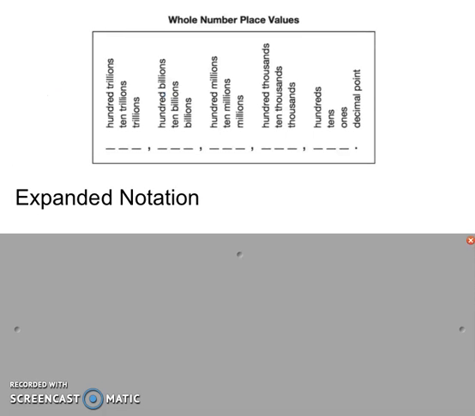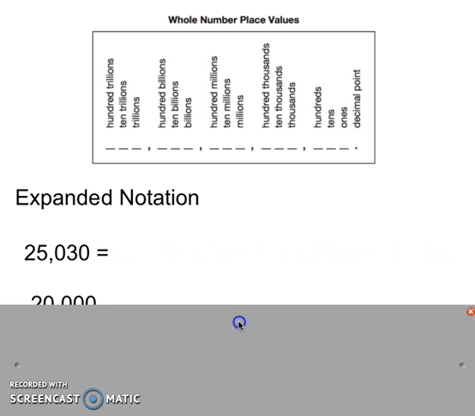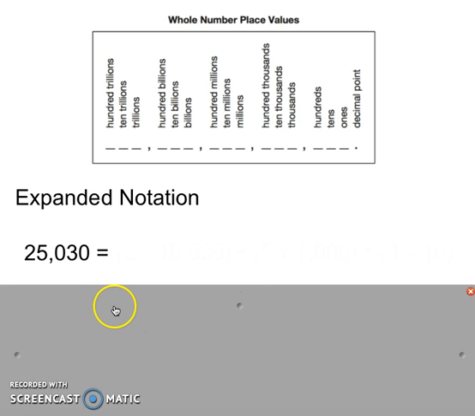Okay. Expanded notation. This is where a number gets written in a form where it kind of separates it out into each of its place values. So I'm going to take the 2. Well, 2 is in the 10,000s place. So that means I have 2 times 10,000. That is the value of that place value of 2.